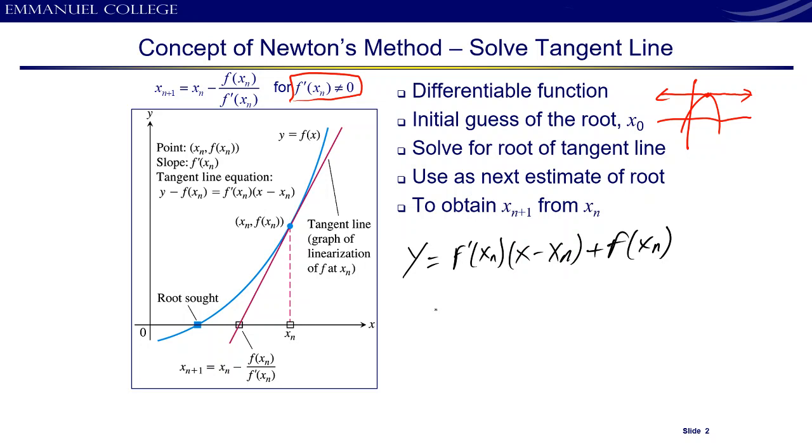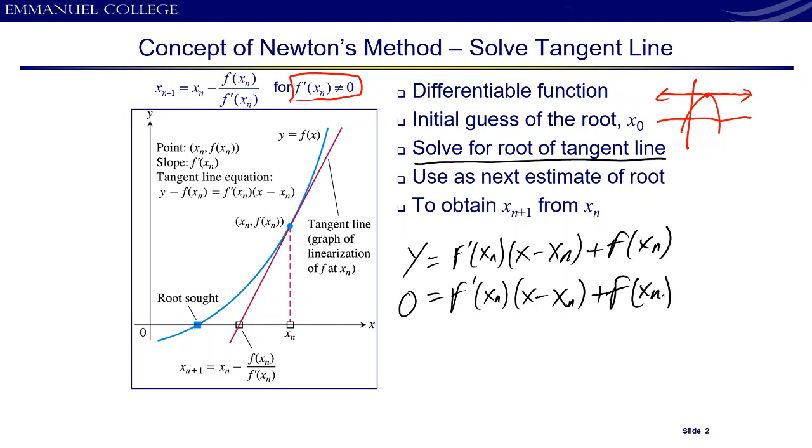Now remember, I'm looking to solve for the root of the tangent line, which means I need to know where the tangent line equals 0. So we take our tangent line equation and set it equal to 0. Okay, still doesn't look quite like the formula.